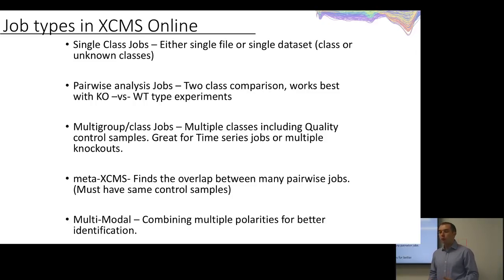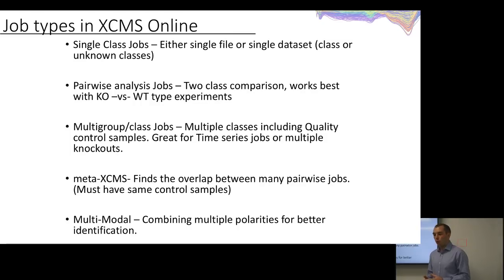Then we have multi-group, multi-class jobs. This is where you have a much more complex setup, with many more classes, something like a time course, or sampling from multiple different sites or wells, maybe multiple different tissues. Something much more complicated than a simple A versus B comparison.